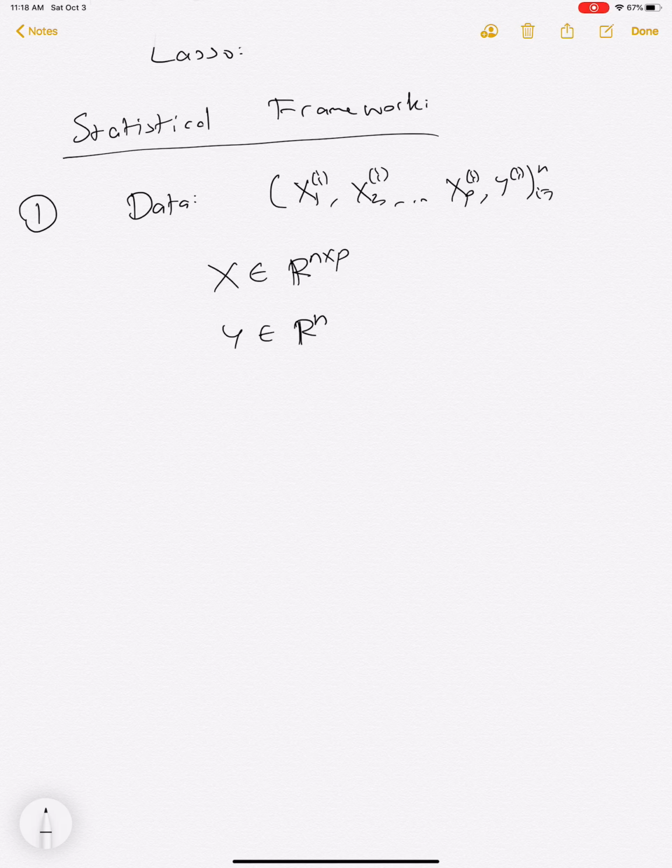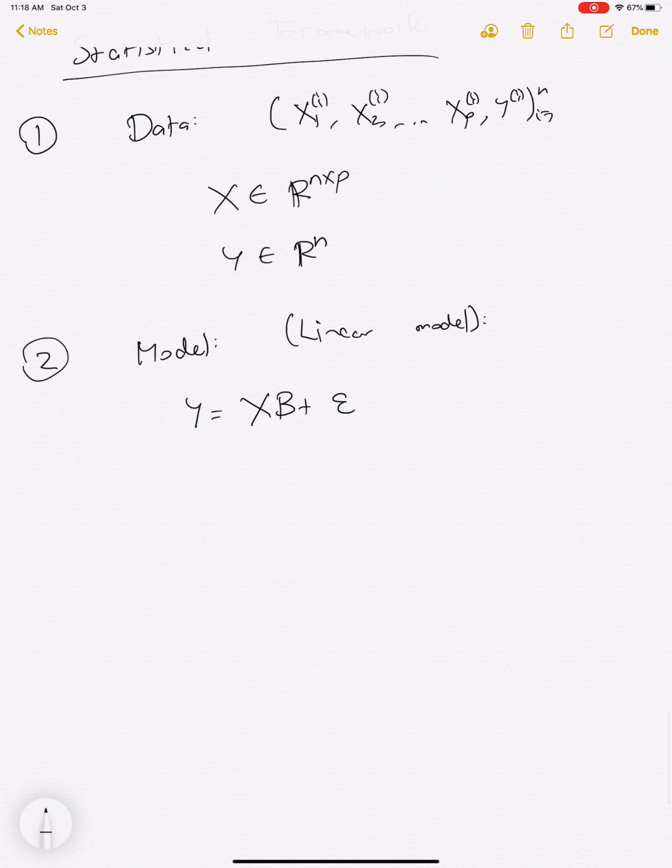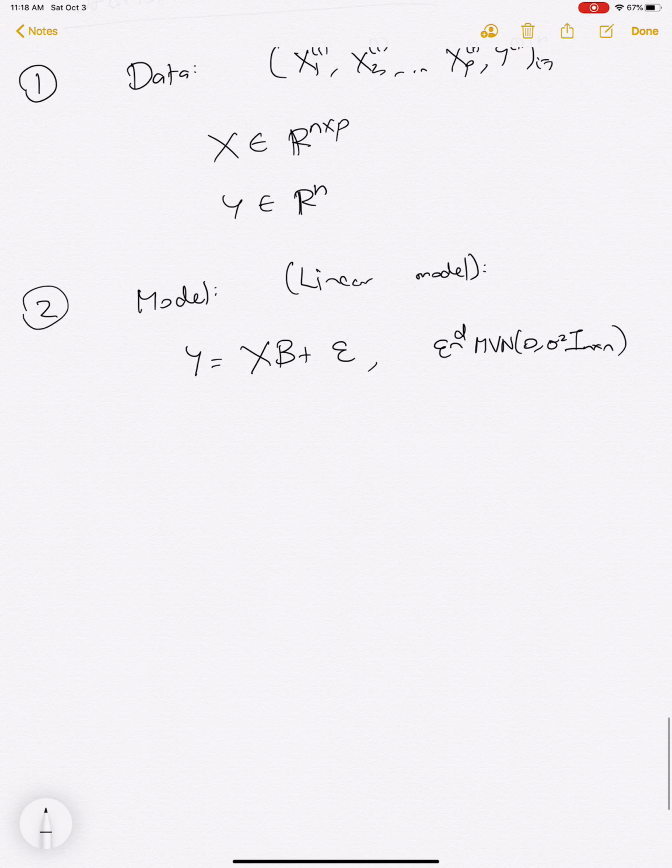Okay, and if we talk about the model, the linear model here is y equals Xb plus epsilon.